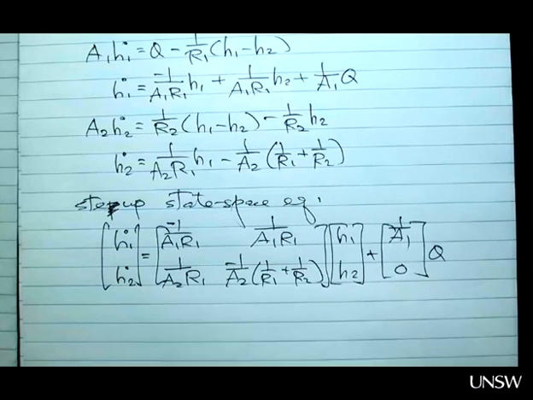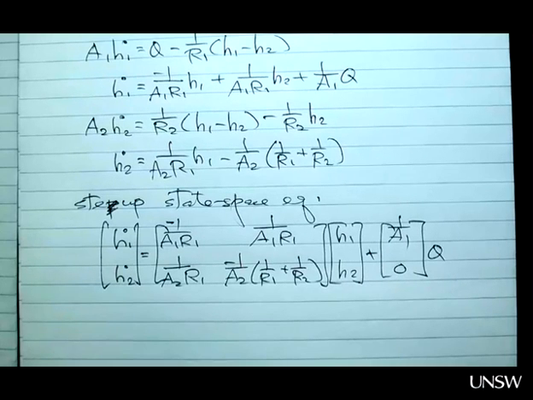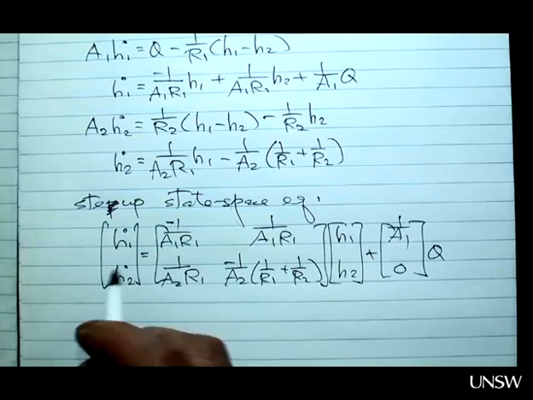So we have the state space equation in the matrix form. Right? Then we plug in the numerical values.